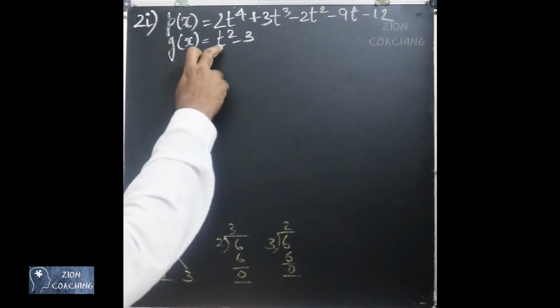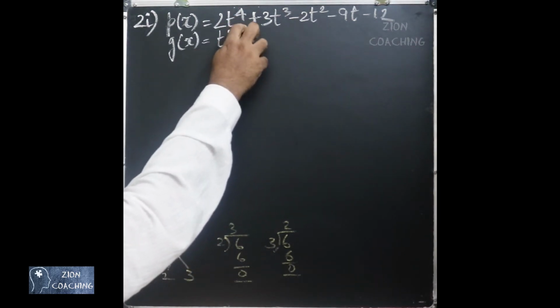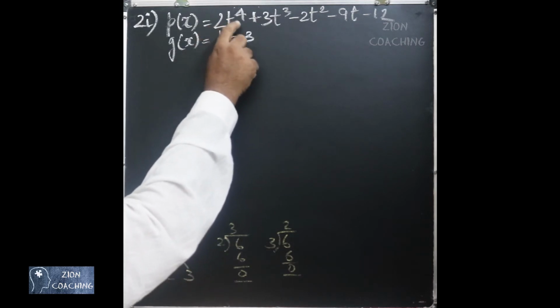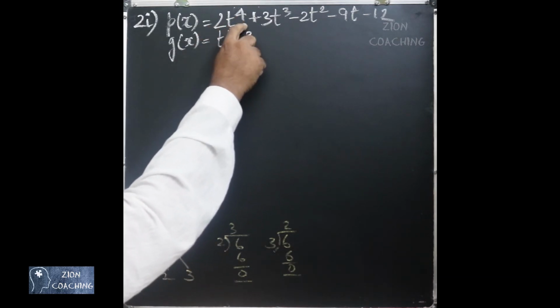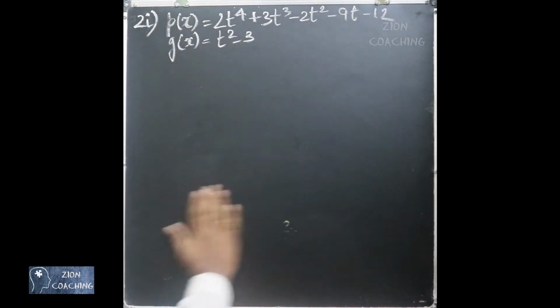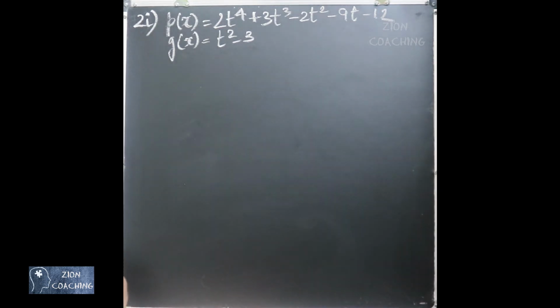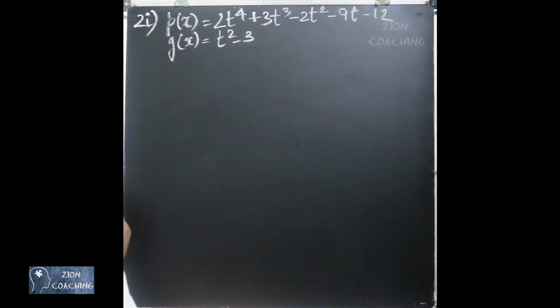Similarly, if you have to say that t squared minus 3 is a factor of the given polynomial, then when you divide that given polynomial p of x by g of x, the remainder should become 0. That is what we are going to check. When we divide, if the remainder becomes 0, then we can say that g of x is a factor of p of x.